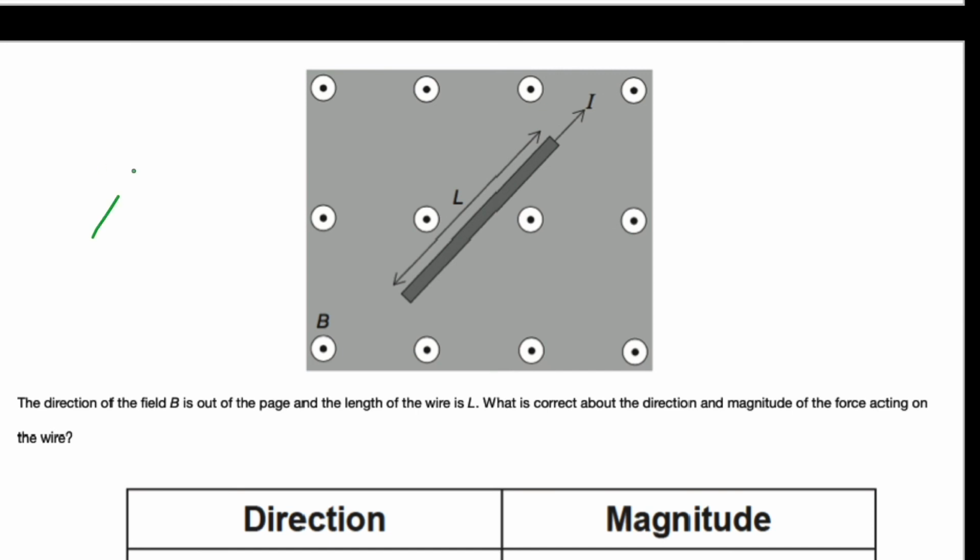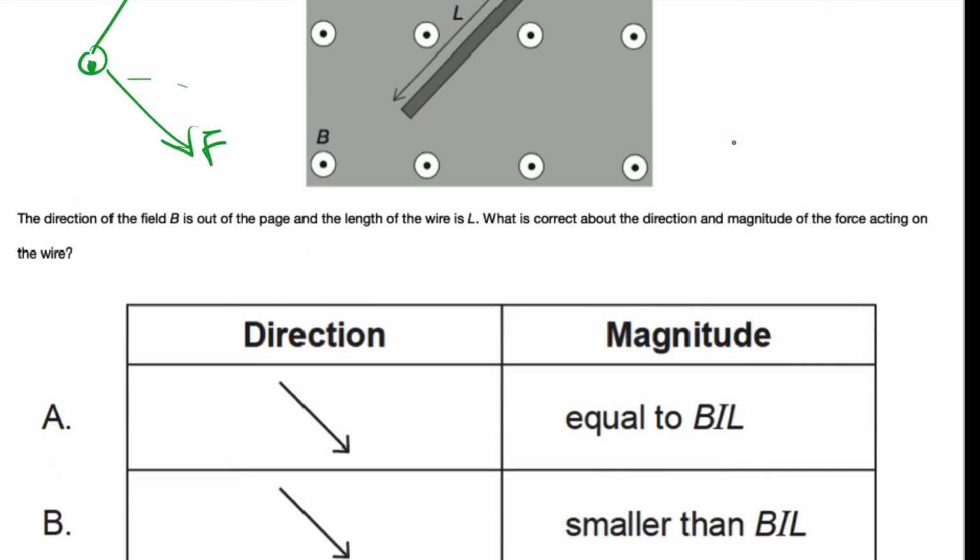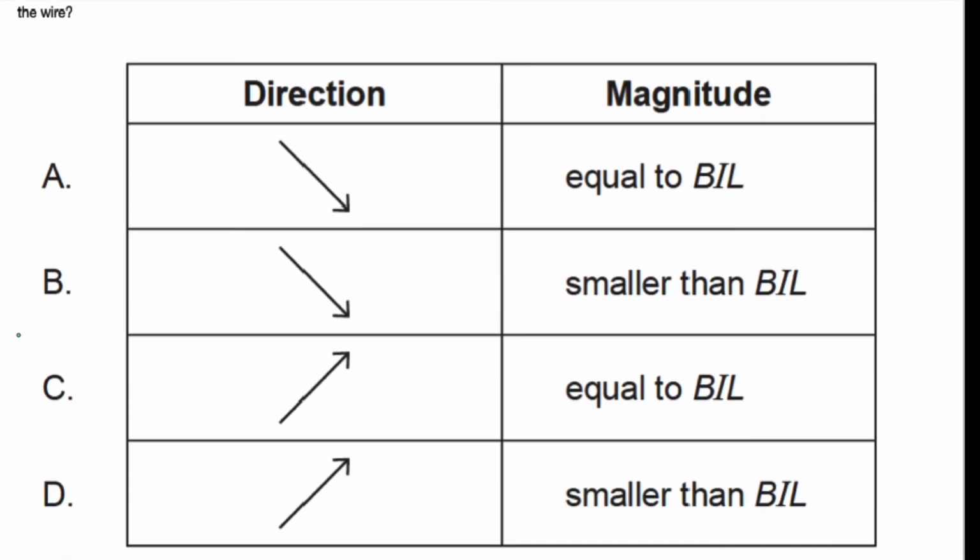This is the current, this is the magnetic field, so what about the force? It's going to be something like this. The force is equal to current times length times magnetic field times sine theta. Sine theta is going to be equal to 0 in this case. So the answer will be A.